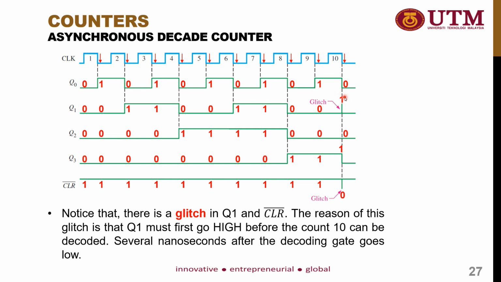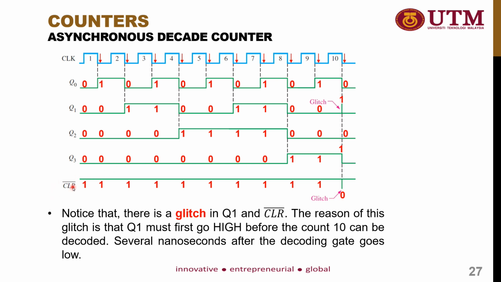So it will change the output of Q1 from 0 to 1. So when the asynchronous decade counter detects the number 1010, it means that the number 10 is created. So when the number 10 is created, the outputs of Q1 and Q3, which are directly connected to the NAND gate, give 1 multiplied by 1, which becomes 0, so it will produce 0 to the CLR bar.